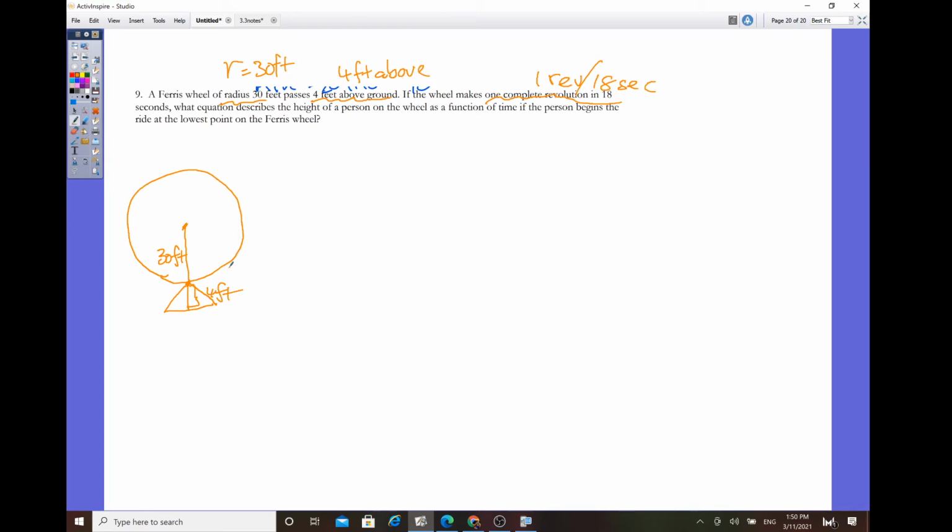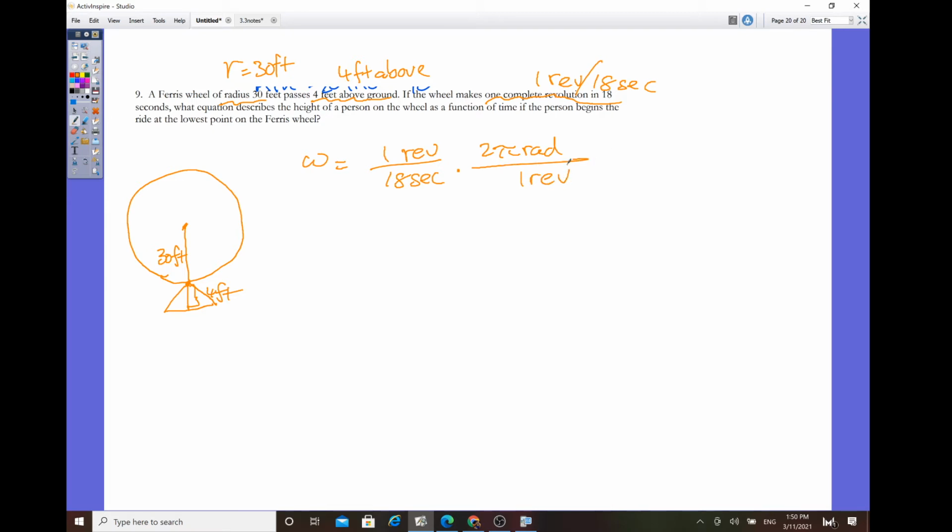And now, what else do we know? We do know that to complete one complete revolution takes 18 seconds. So one thing that we want to find is the angular velocity. We do know that one revolution for every 18 seconds, and one rev is 2 pi radians.